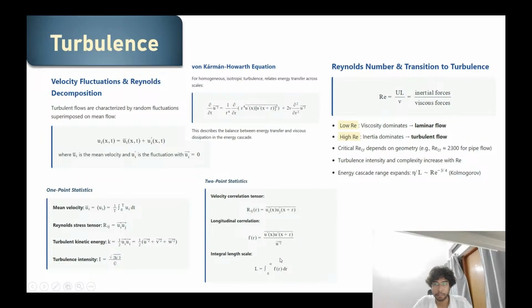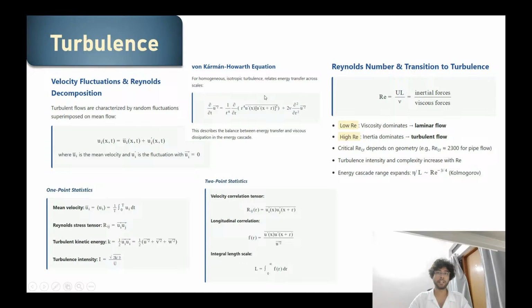In the lecture, the professor has given a logical explanation of why turbulence cannot be studied with one-point statistics. It simply means that if you take the average of this equation, the average part will come out to be zero. So you need a correlation of u_i u_j kind of terms, which we have over here.